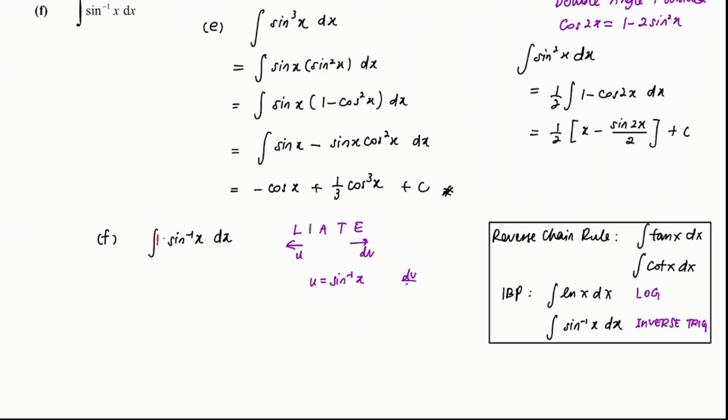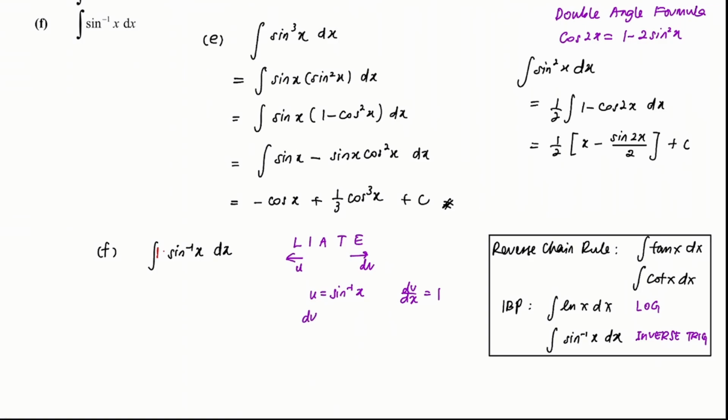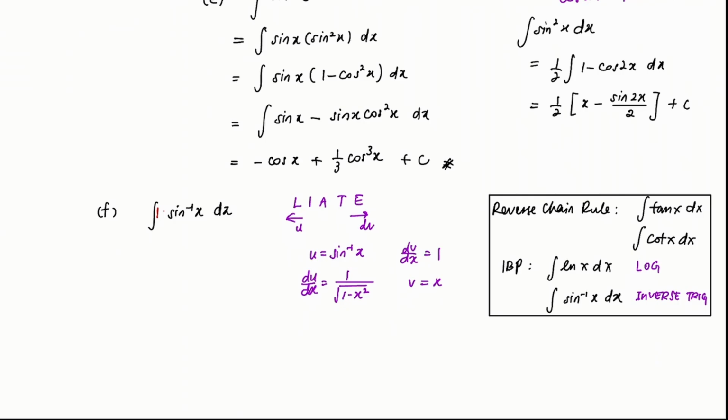Then our dv dx over here would become 1. This one we differentiate using your MF27, or if you know the result, 1 over the square root of 1 minus x squared. And the v integrates to become x. So now let's call out our u dv is ultraviolet voodoo, v du.